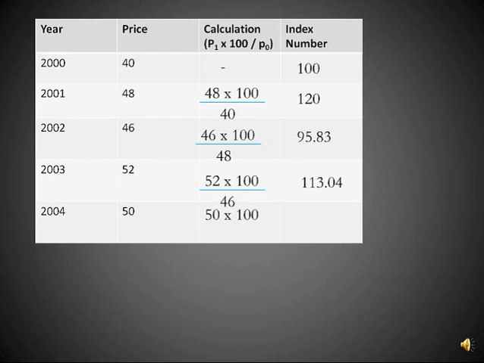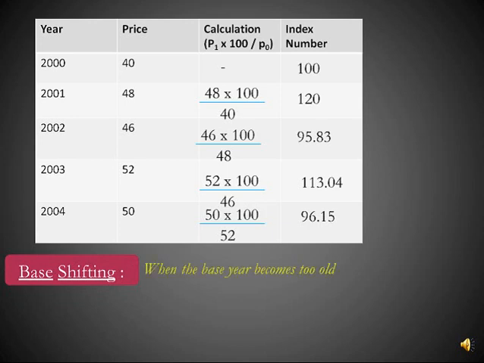So the index number comes to 113.04. Then for 2004, P1 will be the price of 2004 and P0 will be the price of 2003. So here the index number comes to 96.15. So you can see here that P1 and P0 will change for every year in this type of question.